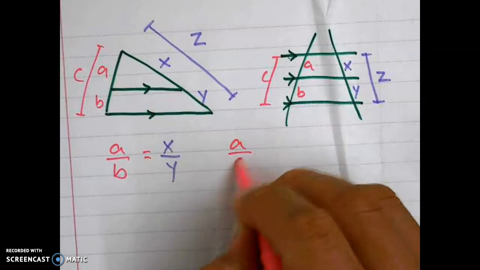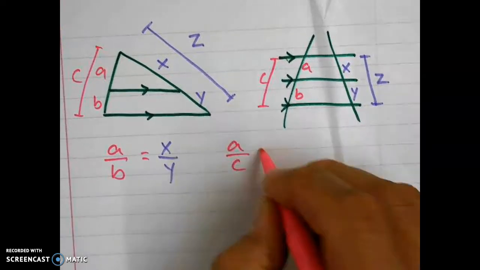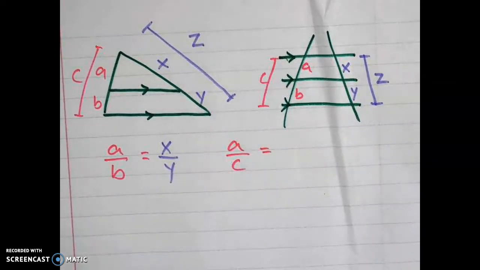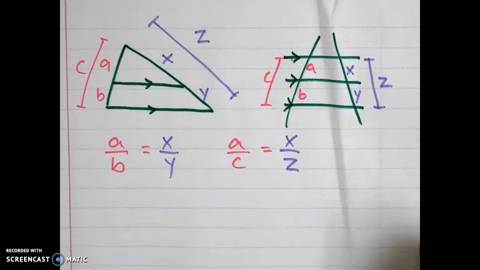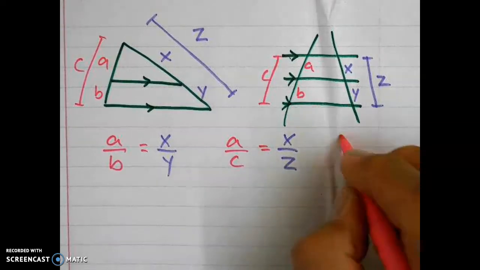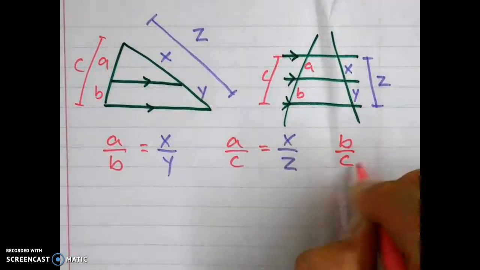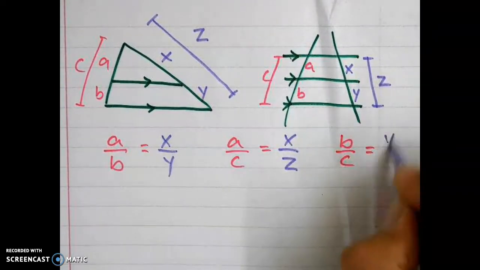A over C, in other words, top over the whole thing, equals top over the whole thing. And the last one, bottom over the whole thing, equals bottom over the whole thing.